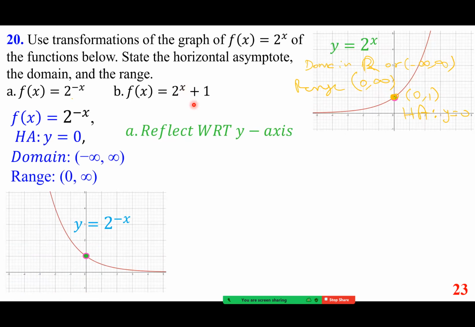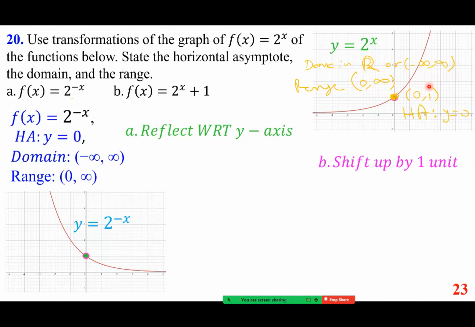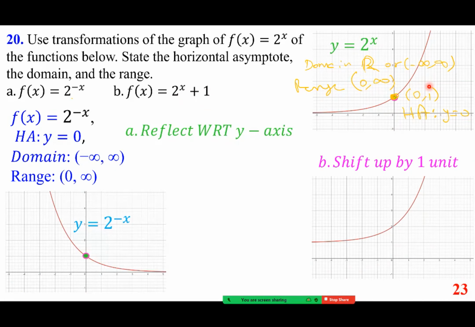Let's look at 2 to the power of x plus 1. Basically, we are looking at this graph, we are going to shift it up by 1 unit. When we do that, what happens is this. Now we have a different horizontal asymptote. Your y-intercept of 0, 1, now it has coordinates 0, 2.